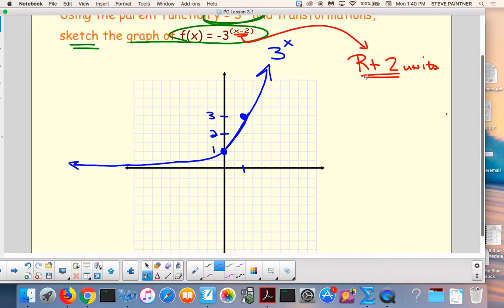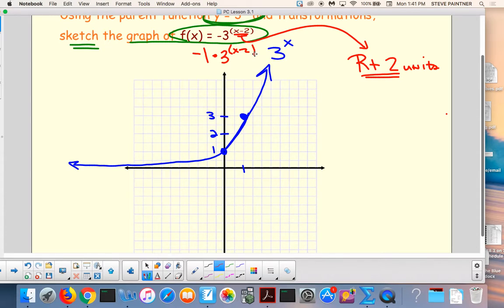That negative sign out in front just says negative 1 times 3 to the x minus 2. Okay, the number 1, is that a stretch or a compression? Or nothing? 1 is nothing. So that's not stretching, that's not compressing.